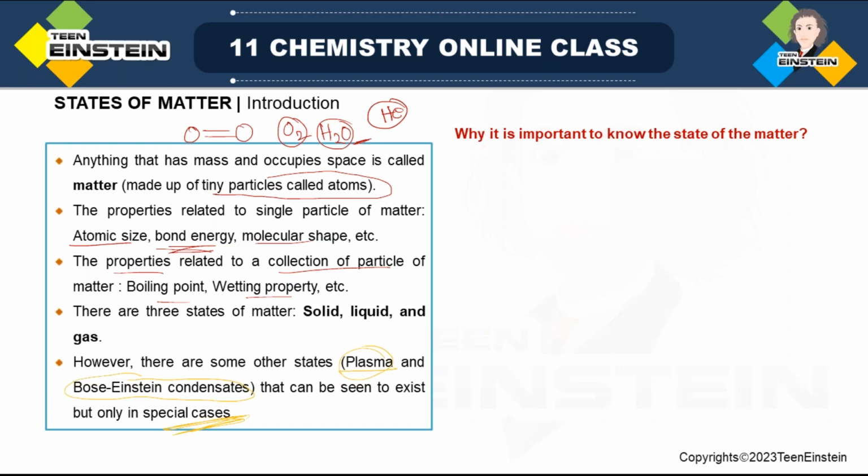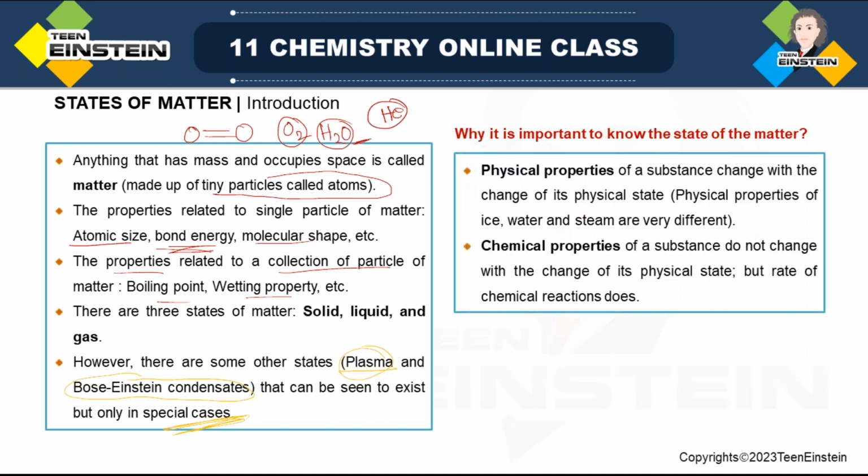Okay, but why is it important to know? So basically it is related to physical properties and chemical properties. Now physical properties, for any substance, change with the change of its physical state. Suppose I'm talking about physical properties of water. If you are not mentioning properly in what state water is present, by default we can consider it is in liquid form, because that is a normal condition.